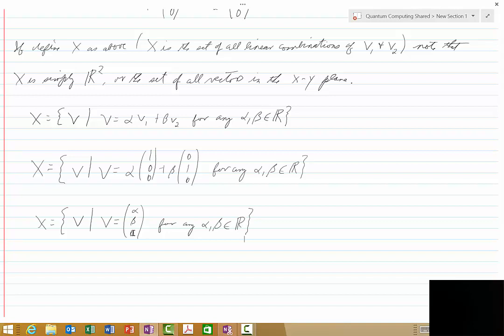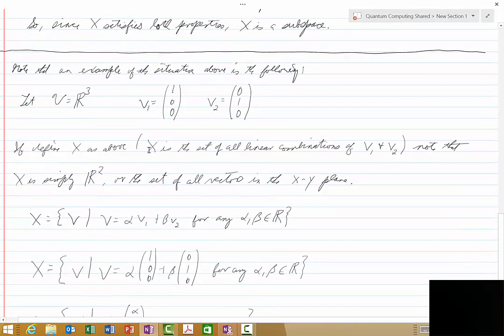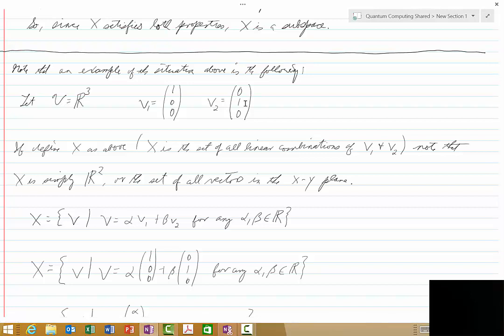Another way of saying this that you will hear some people use is that the two vectors we've chosen here, (1, 0, 0) and (0, 1, 0), generate R2. Or another way of saying it that you'll see sometimes is they span R2. Any vector in R2 can be written as a linear combination of these two vectors.